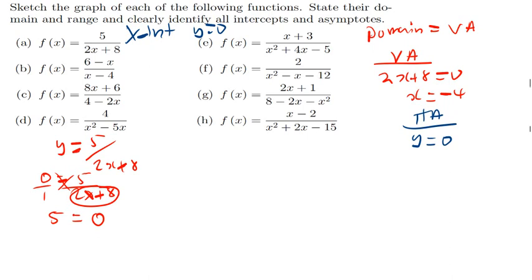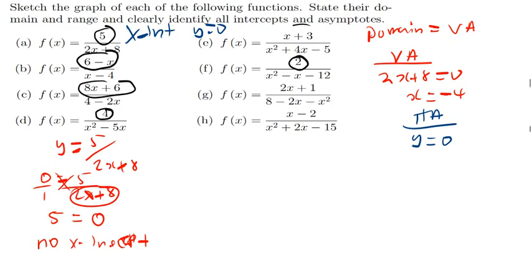Then you say no x-intercept. In simple terms, if x is not appearing on top here, then this function has got no x-intercept. If x is appearing on top, this function has got an x-intercept. That's the simplest way. Have I made myself clear?